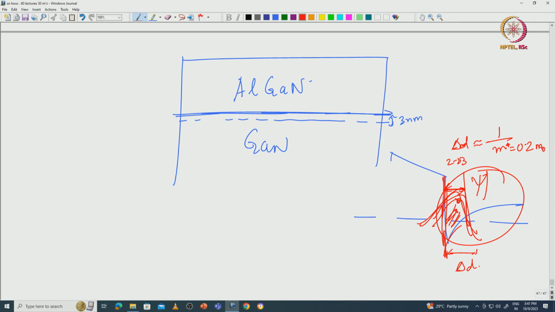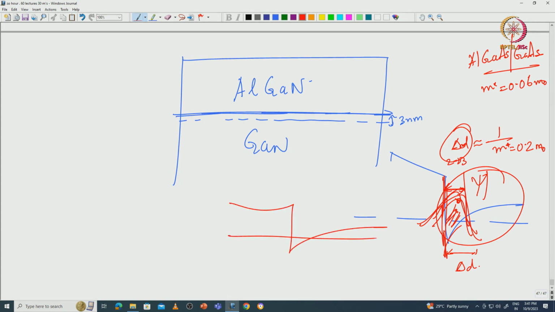For instance, in AlGaAs-GaAs, aluminum gallium arsenide, a different material system we will talk about later, the effective mass is very low, about 0.06. Because the effective mass is very low, delta D is much larger, which means in an AlGaAs-GaAs system the spread of the electron gas could be much larger, the centroid could be 8 nanometer, just giving you a feel of that.